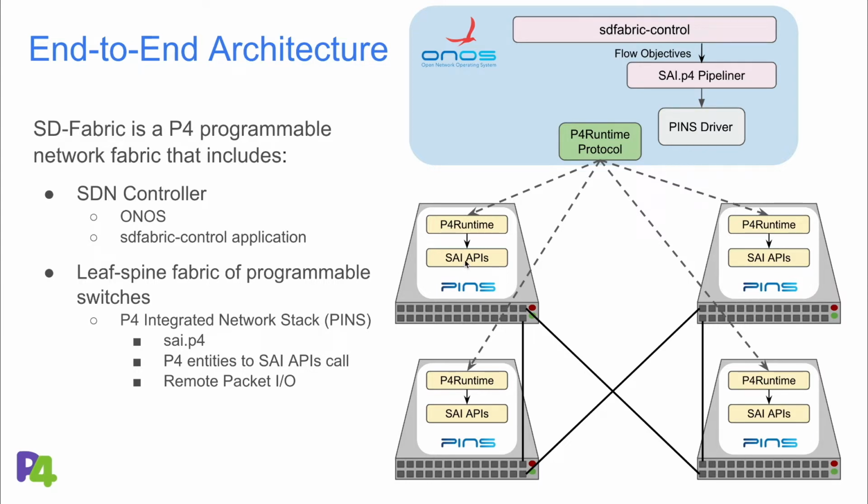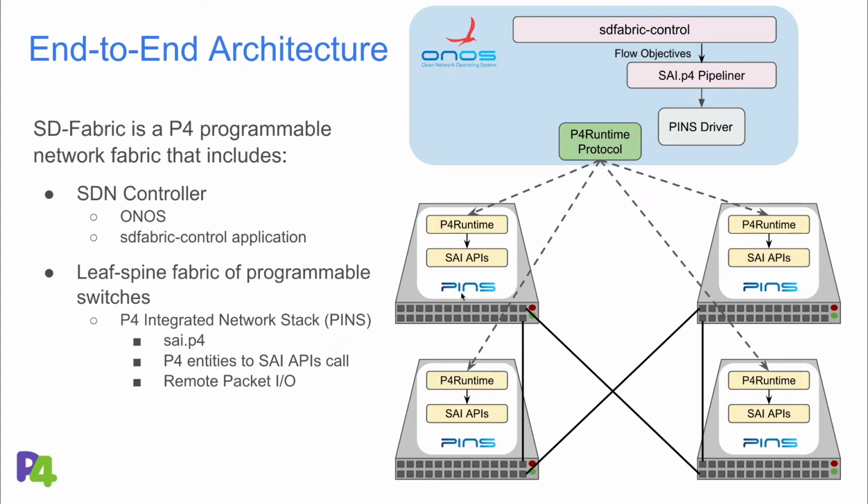SONiC is adapted to work with remote SDN controllers by adding support for the P4 Runtime protocol. The SAI pipeline in SONiC is modeled in P4 and is referred to as SAI.P4. The P4 Runtime service on PINS translates between P4 entities and the corresponding SAI API calls.